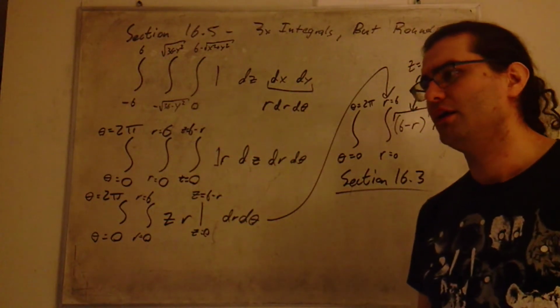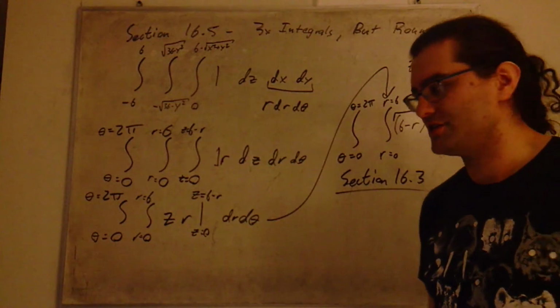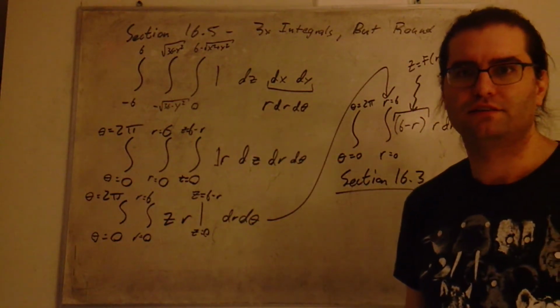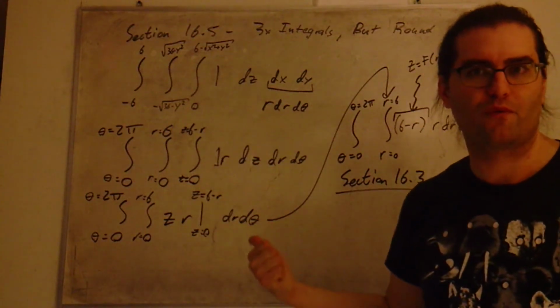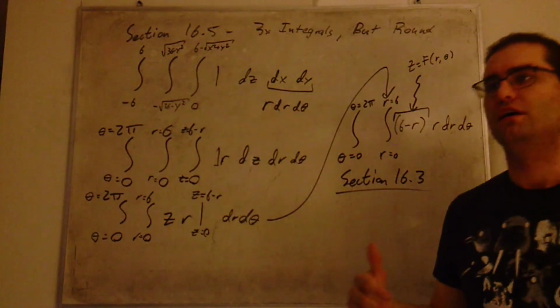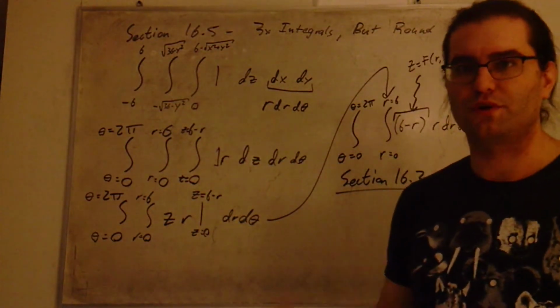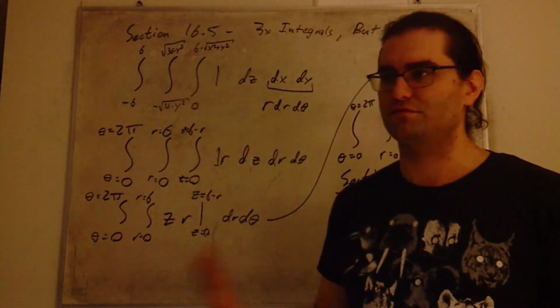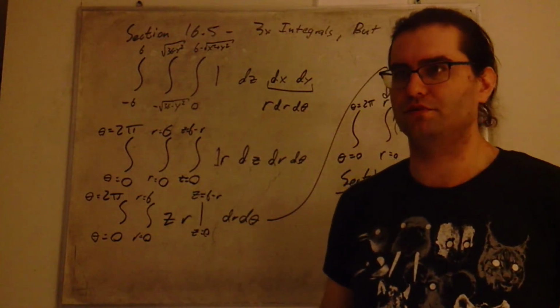So if this is functionally just the same as a double integral in polar coordinates, which we already know how to do, why are we doing it? And there's a couple reasons. Just like when we talked about triple integrals in 16.4, the reasons are largely the same as the reasons we had in that section for expanding into triple integrals.